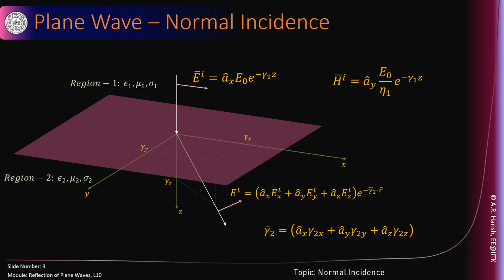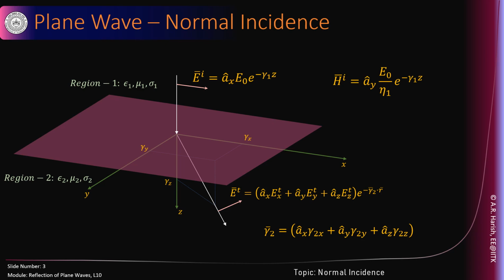We assume that this wave is going to propagate into region 2 in some arbitrary direction which is specified by gamma 2 bar, which is a x cap gamma 2x plus a y cap gamma 2y plus a z cap gamma 2z. So it's propagating in some arbitrary direction and the electric field has some arbitrary polarization a x cap E xt plus a y cap E yt plus a z cap E zt.